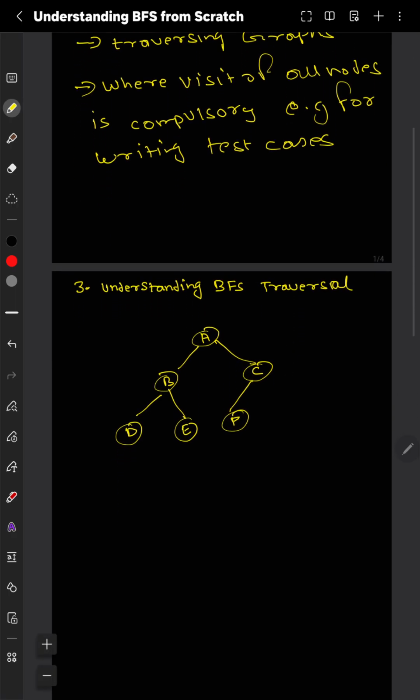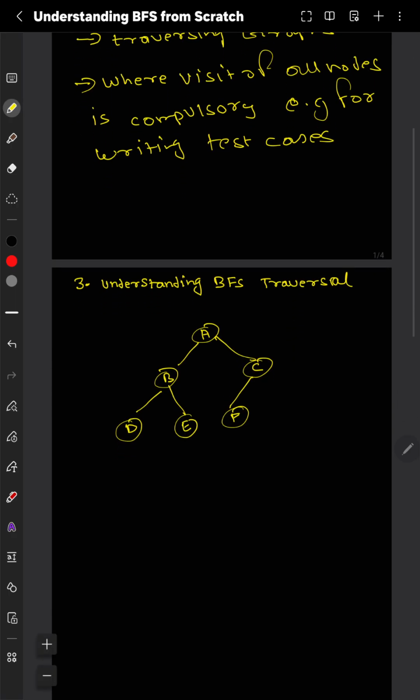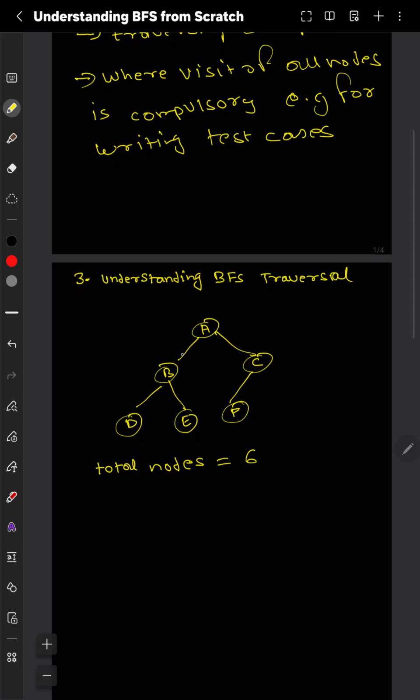Now we need to see how this BFS traversal happens. Consider this directed graph which has A, B, C, D, E, F. There are 1, 2, 3, 4, 5, 6 nodes, so total nodes are 6. And let's count the edges as well: 1, 2, 3, 4, 5.